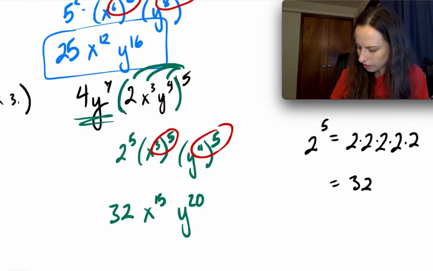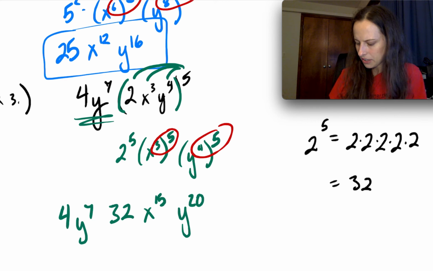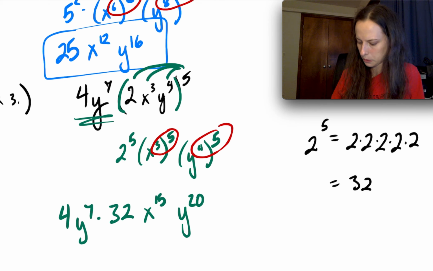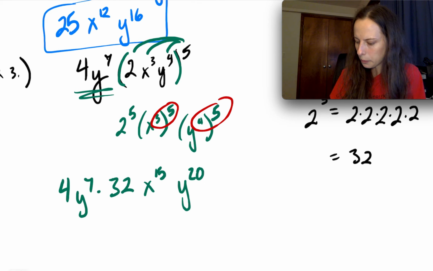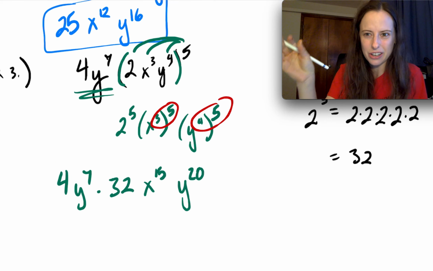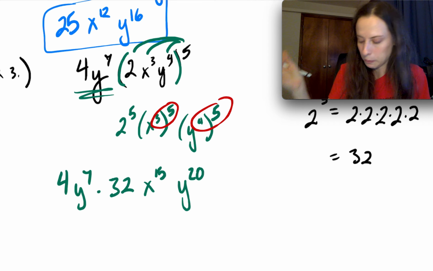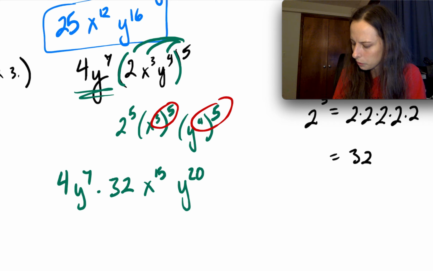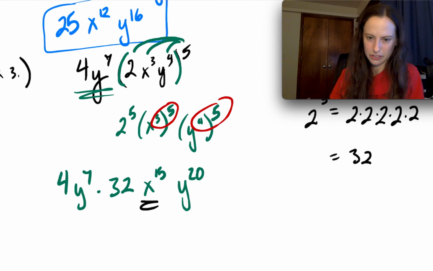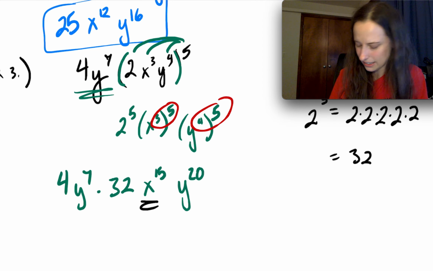So out in front of all of this, we have the 4y to the 7th. So that's multiplied by all this other stuff that was inside the parentheses. So at this point, we want to see if we can combine any of these other variables or exponents. There's only one x here, so that x isn't really going to combine with anything.